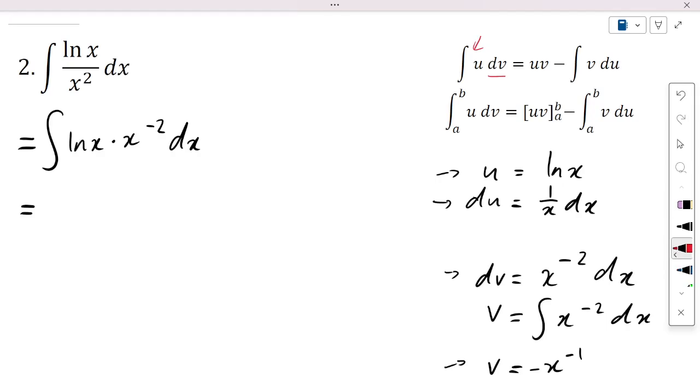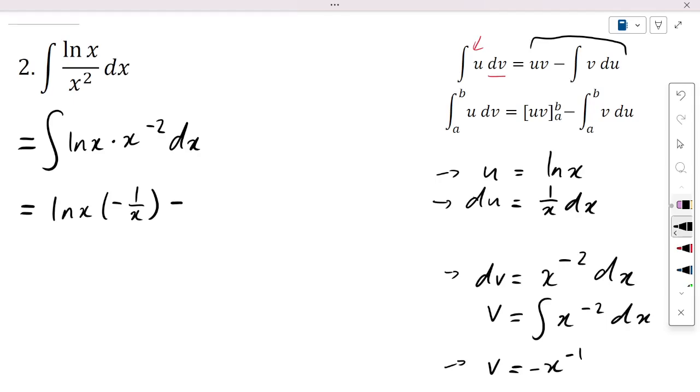Great. Now, we're just going to substitute our variables in terms of x. We're going to have u multiplied by v, where we know u is equal to ln x, multiplied by v, which we can write as negative 1 over x, because it's negative x to the power of negative 1, which can also be written as negative 1 over x.